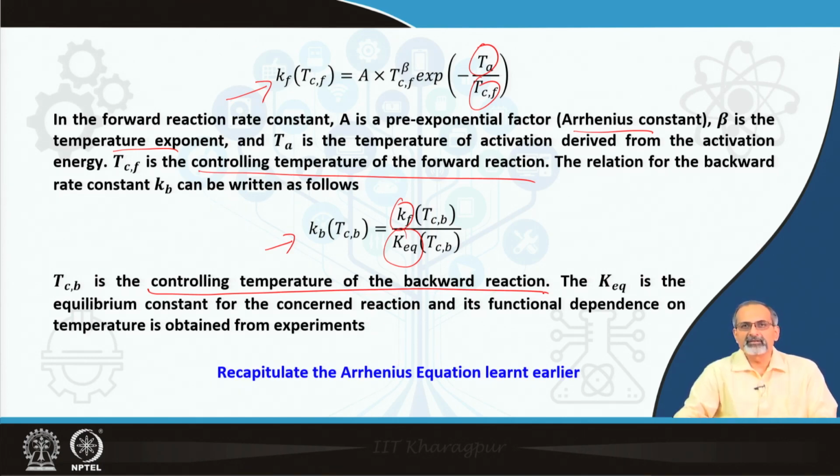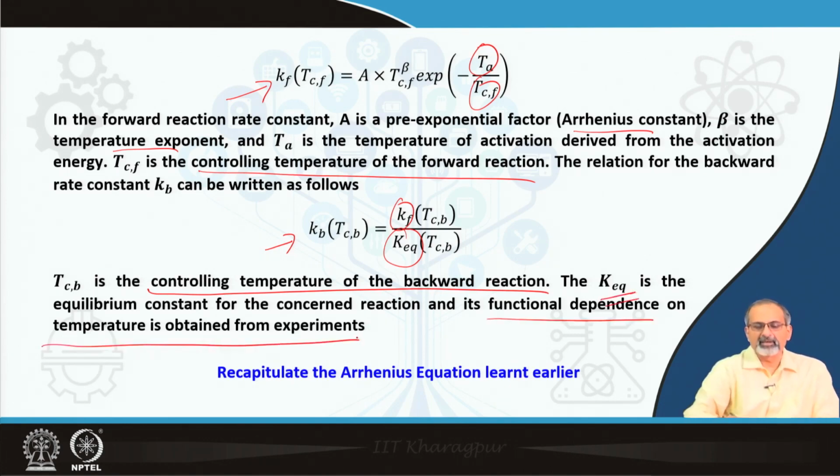There could be different kinds of variations. Essentially, the final outcome is that the net rates in the forward and backward directions would not balance each other, and the equilibrium constant's functional dependence on temperature is obtained from experiments.